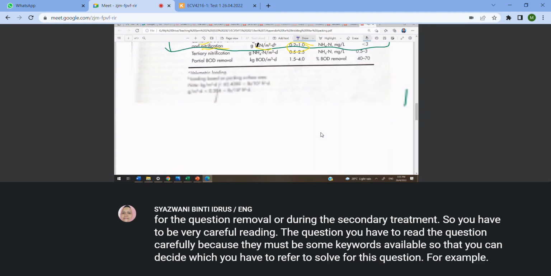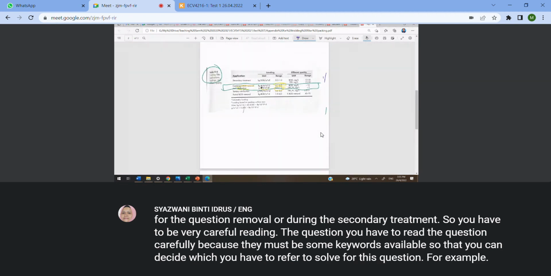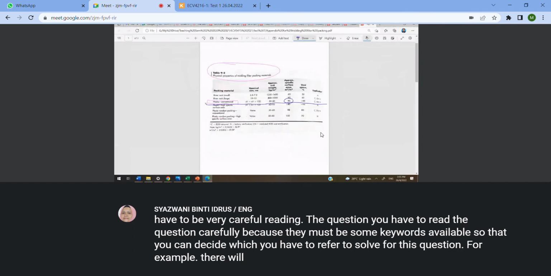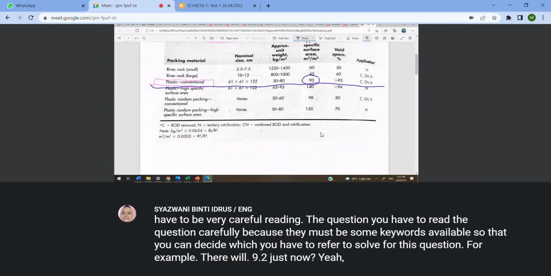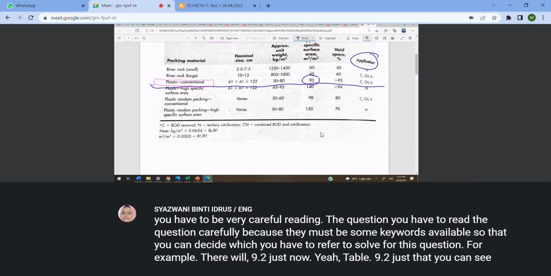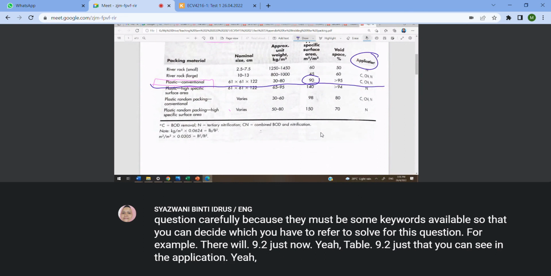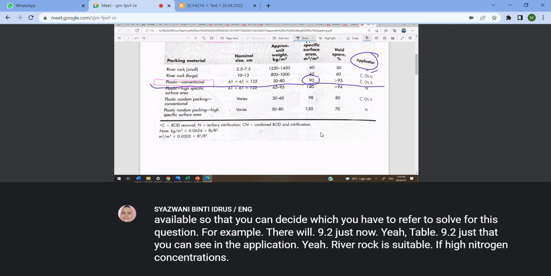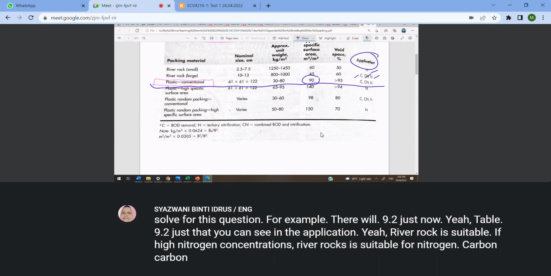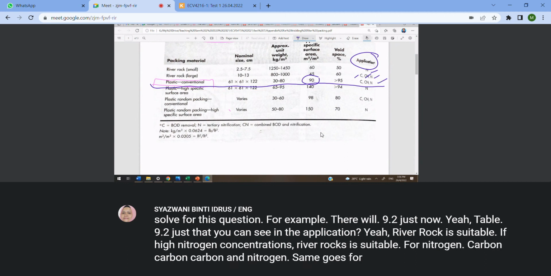For example, in Table 9.2 just now, you can see the application. River rock is suitable for high nitrogen concentrations. River rock large is suitable for carbon and nitrogen. Same goes for plastic conventional.